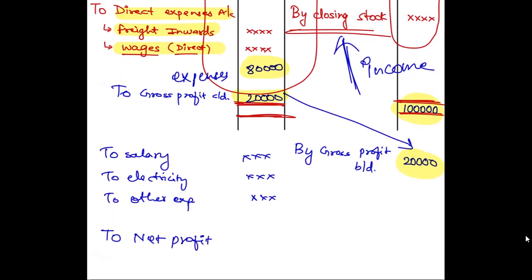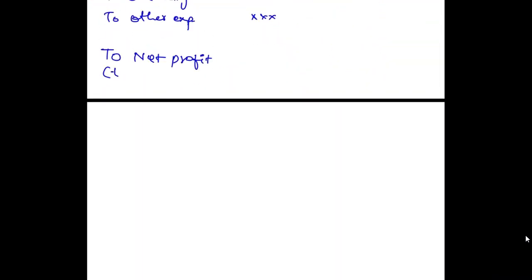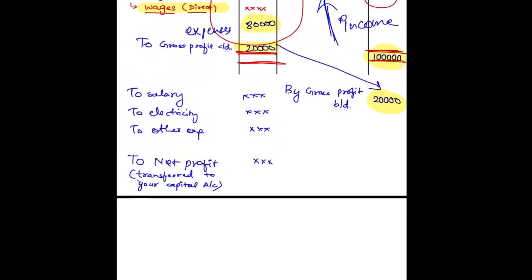And what will we do with this net profit? It will be transferred to your capital account. This net profit will be transferred to your capital account. That is the last step of your profit and loss account.